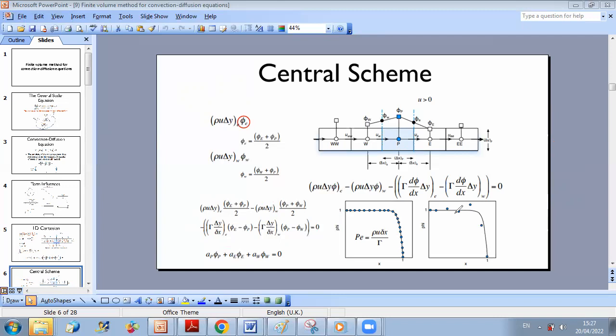And the more conduction is dominant, the closer we get to the pure diffusion problem, and the central scheme will perform well, because we know that in pure conduction we have a linear profile. Whereas the more the convective effect increases, the central scheme is no longer very accurate.